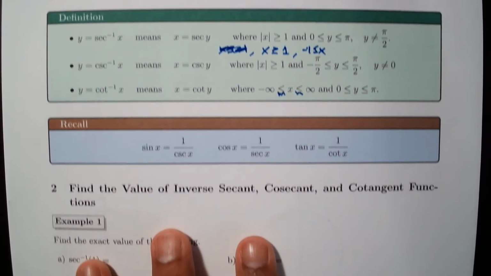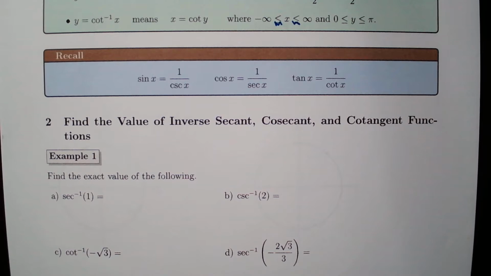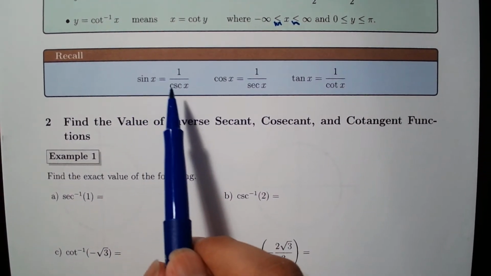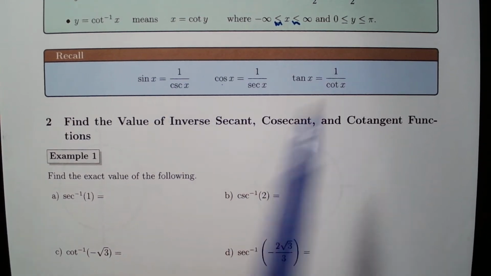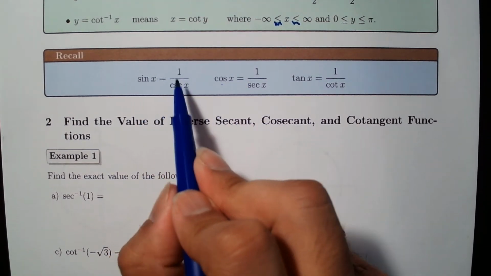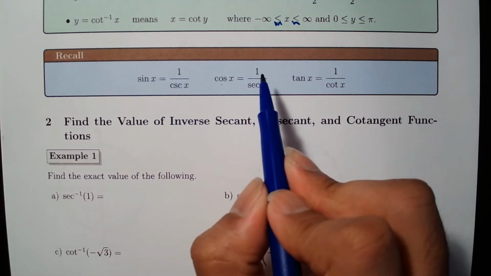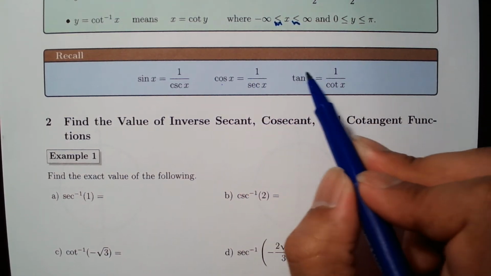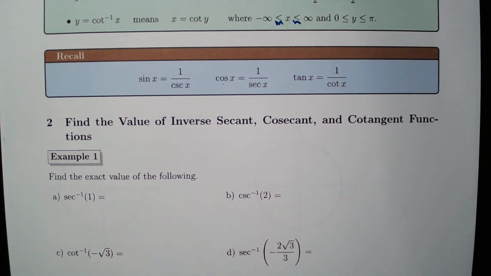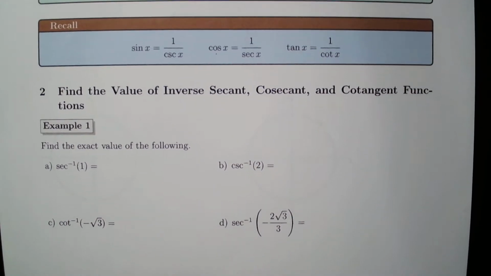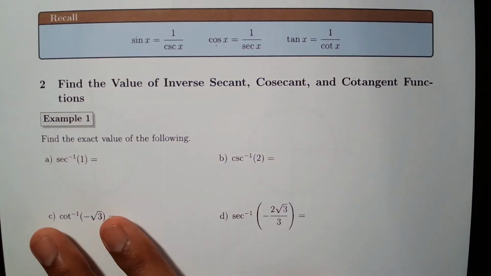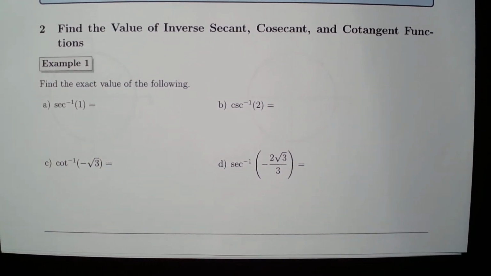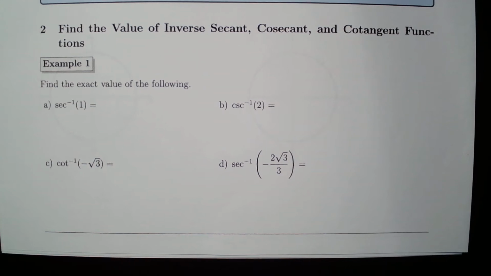Also, it's worth recalling our reciprocal properties of sine, cosine, and tangent, in which sine is the reciprocal of cosecant, cosine is the reciprocal of secant, and tangent is the reciprocal of cotangent. We're going to use this very often in this section when it comes to evaluating these expressions.